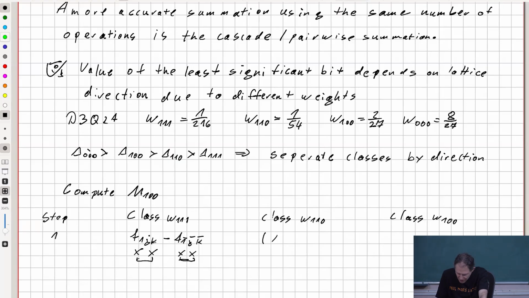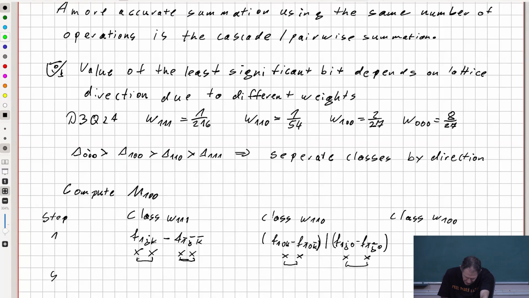Here we have F10K minus F minus 10 minus K, and we have F1J0 minus F minus 1 J minus J 0. Of these, there are two permutations that we have to do in the first step, and then we sum them up, and then we have again 2 permutations.